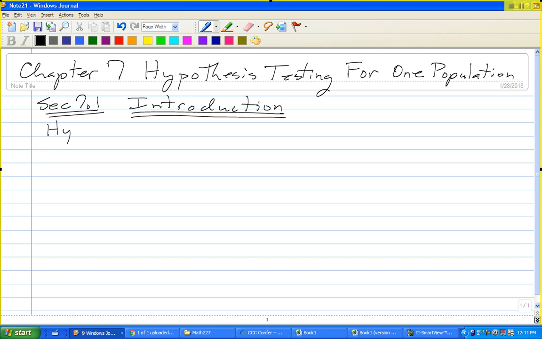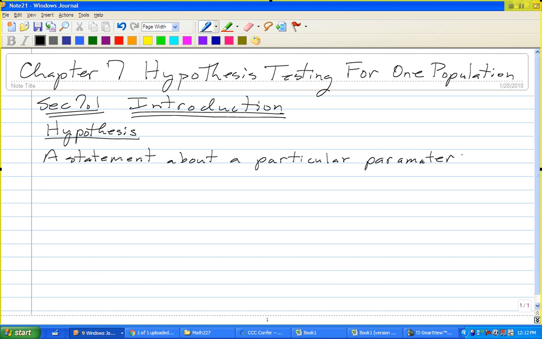Hypothesis. So this is a statement, a claim about a particular property, a parameter, obviously for a population.